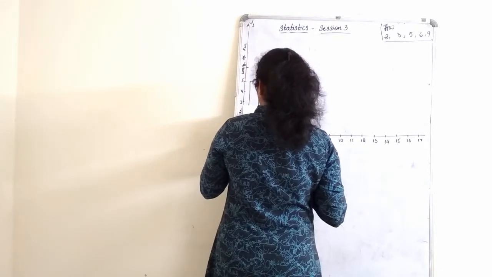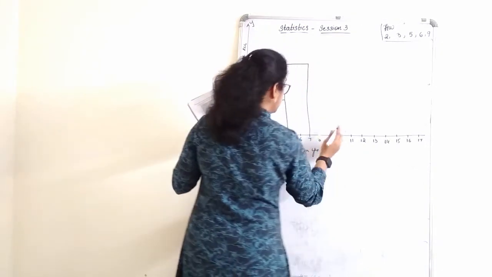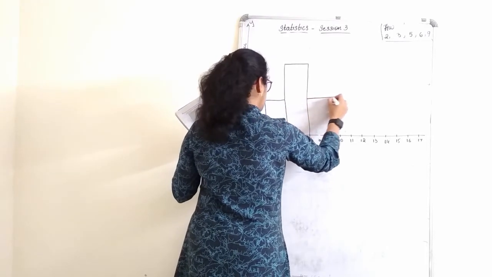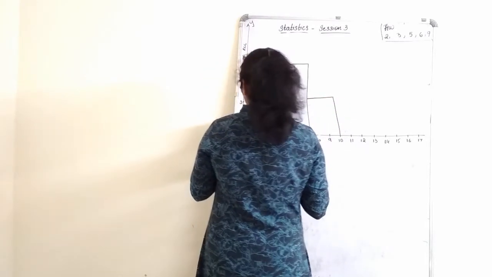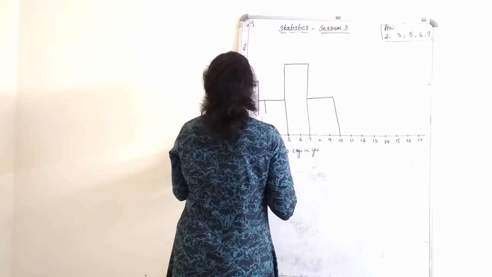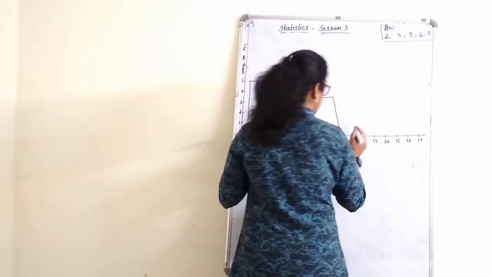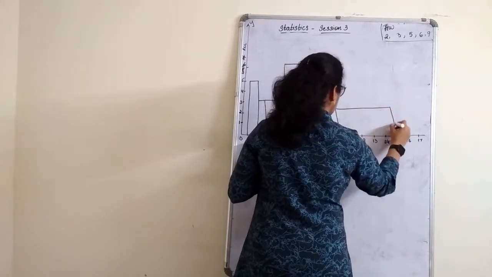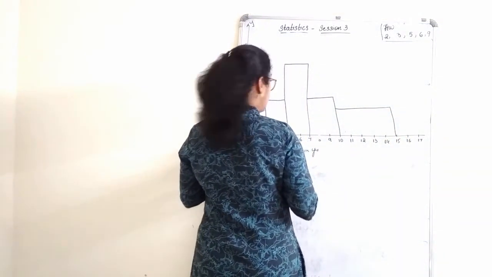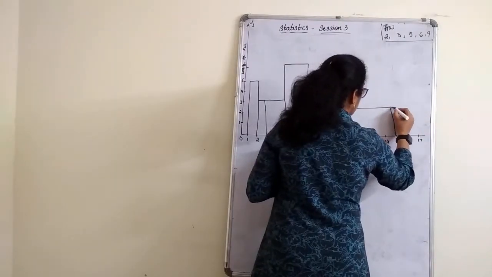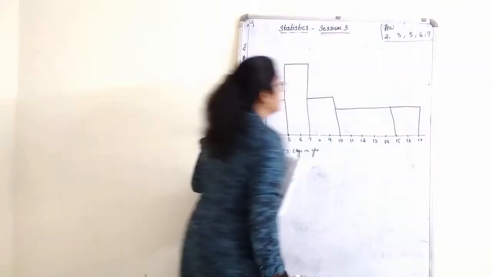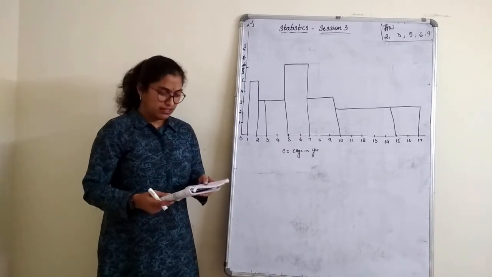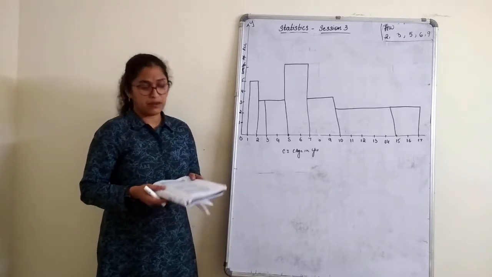Then we have 7 to 10 as 3. So this is 3. 7 to 10 is over. Last, 10 to 15 is 2. 15 to 17 is also 2. This is histogram of varying width. Understood how to draw? That's all. They have not asked anything apart from that.